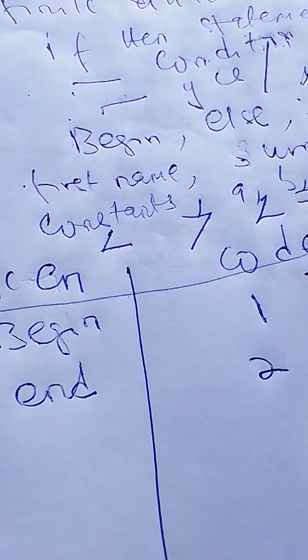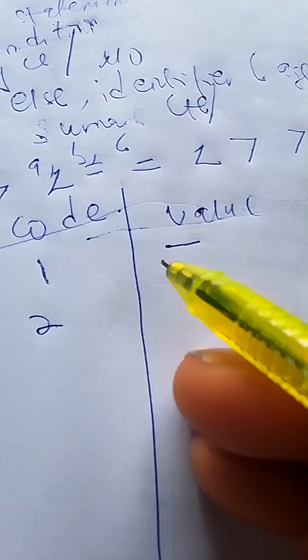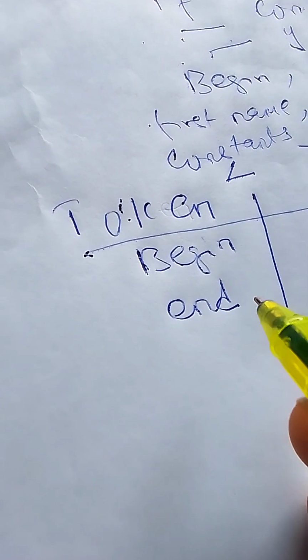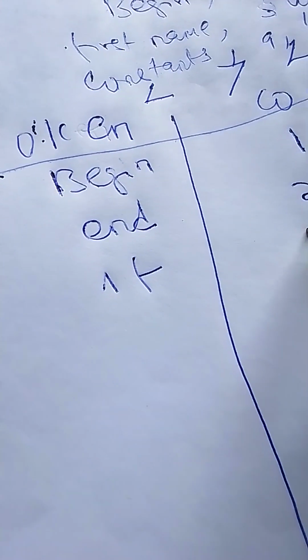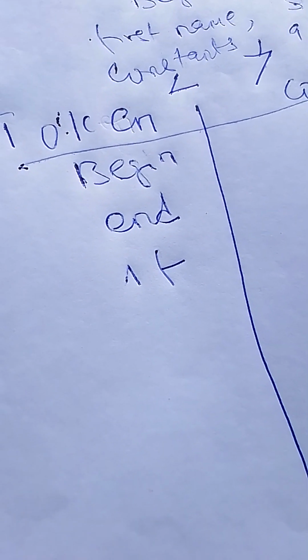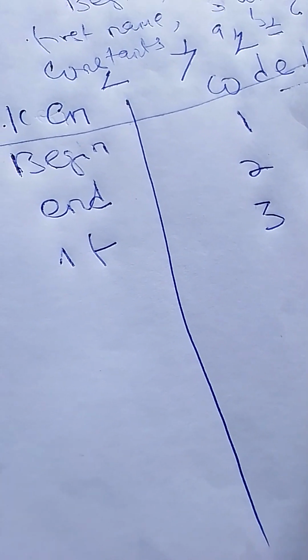That is how it is represented in the compiler. The value is a dash, no value. Then we have if, with code 3 and no value.